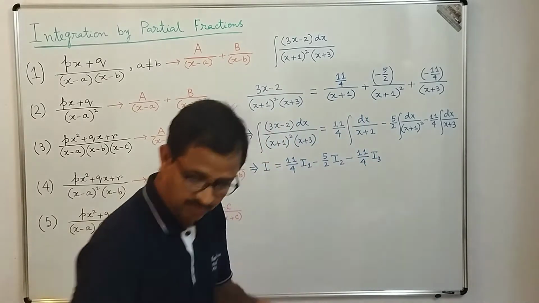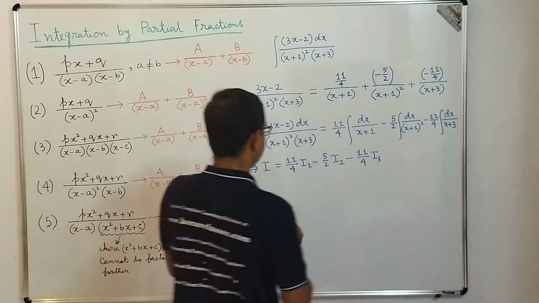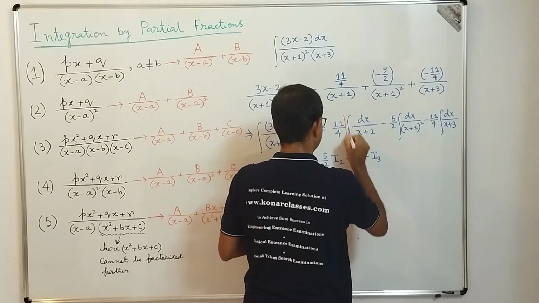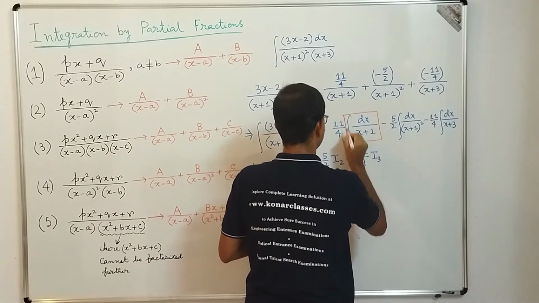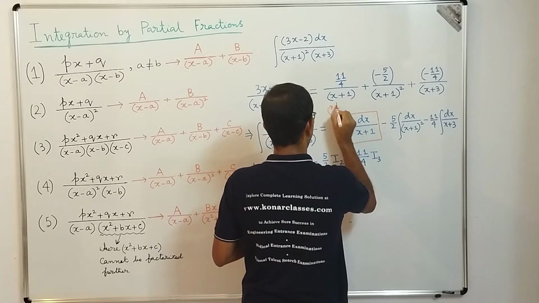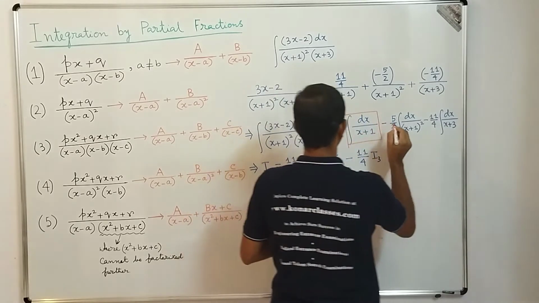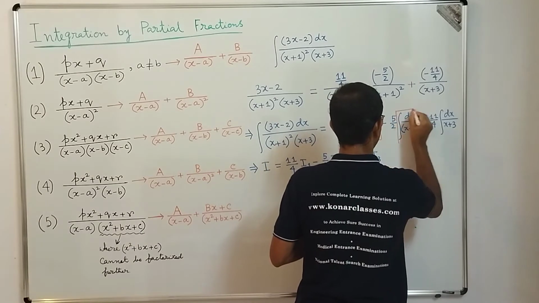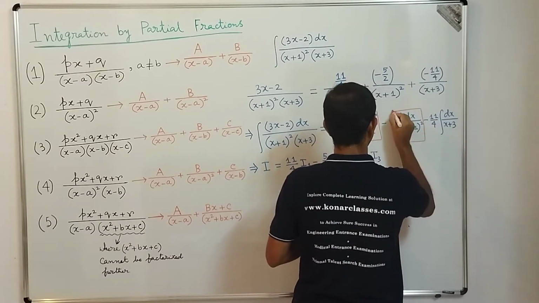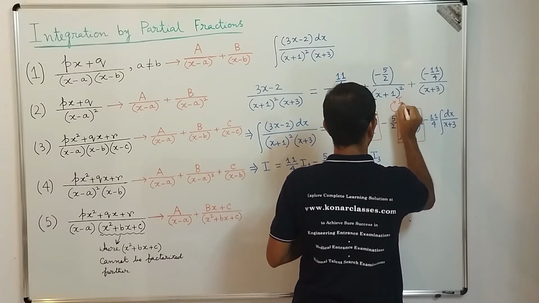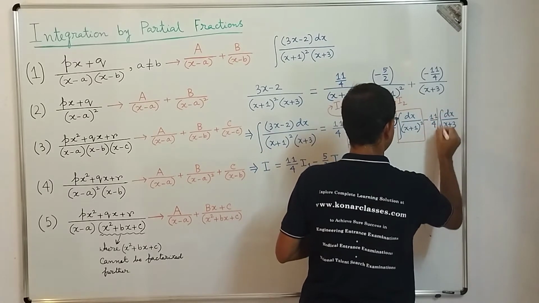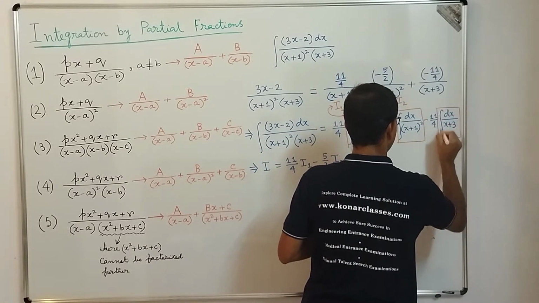Correct? So what is I1? I can mark I1 as this. So this is I1. What is I2? This integration is I2. And this integration is I3.